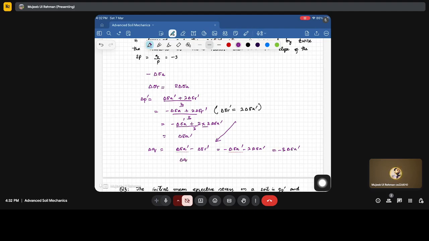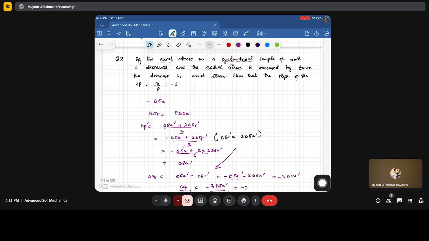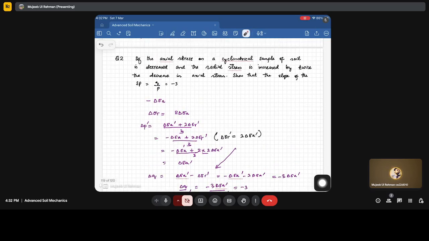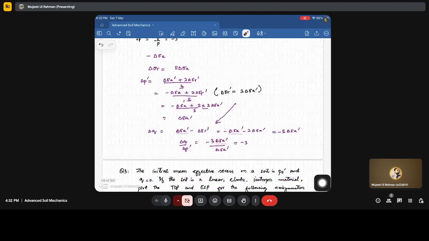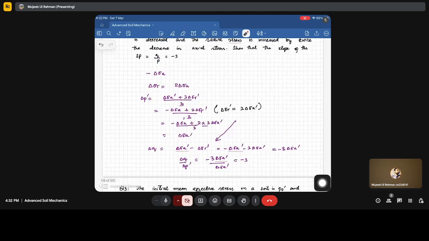So the slope of the line is delta Q by delta P dash, minus 3 times delta sigma A dash divided by delta sigma A dash, which is equal to minus 3. So in the case where the axial stress is decreased and radial stress is increased by twice the decrease in axial stress, we have shown that the slope of the line is minus 3.